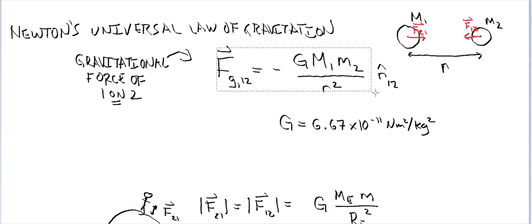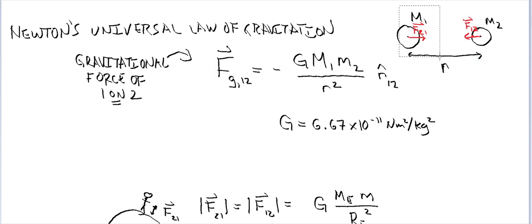The first thing I want to point out is this minus sign just speaks to the attractive nature of the force. It means that it pulls. So our subscripting is force of 1 on 2, so let's jump to mass 2 for a second.